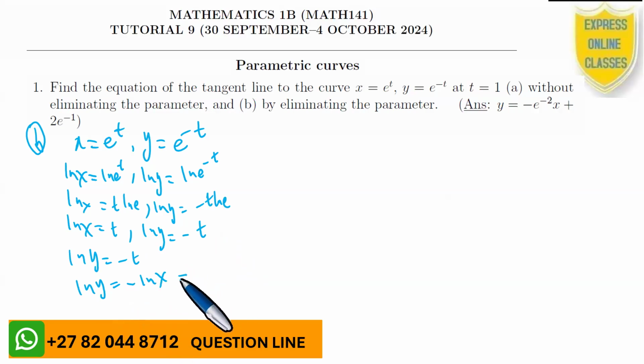So this means ln y is minus ln x, that is, y equals x to the minus 1.